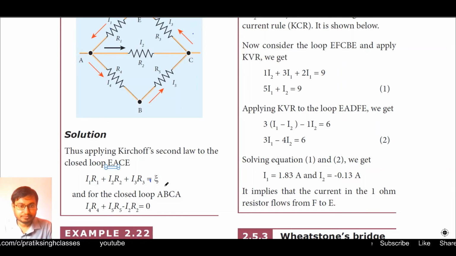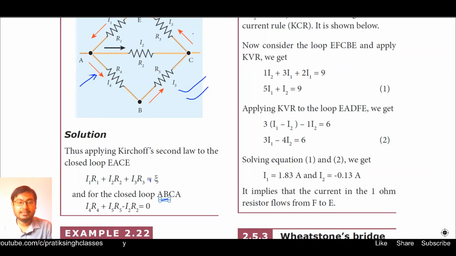Coming back. So if we see the loop ABCA, first A to B, the direction of loop is A to B, and the direction of flow of current also is from A to B. So we can write here I4R4, positive I4R4, then B to C. The direction of loop and the direction of current is also the same, so it is positive. So we can write I5 into R5.